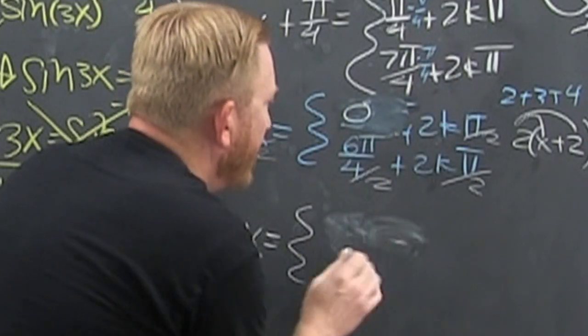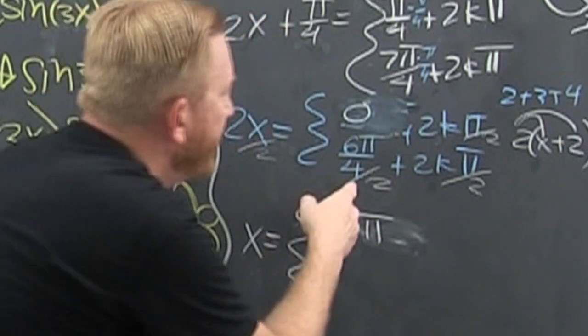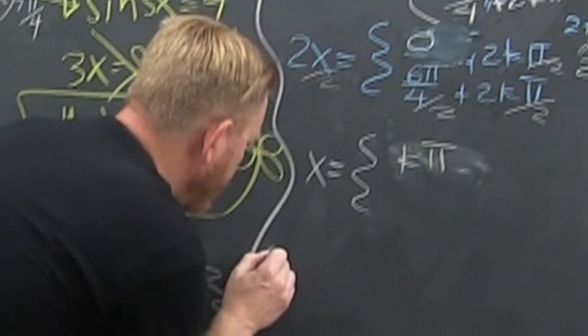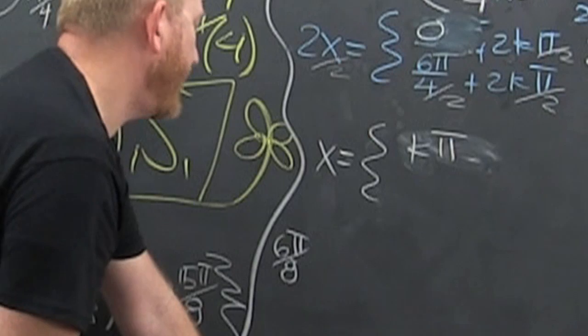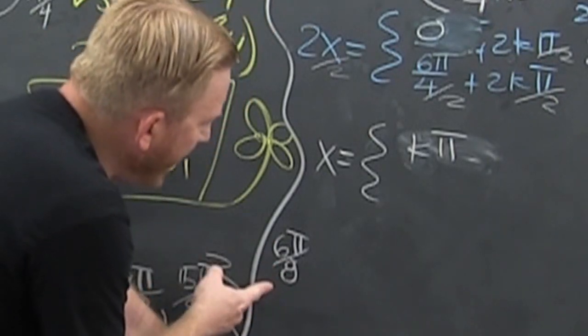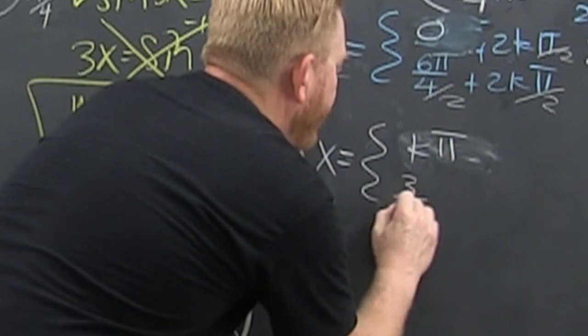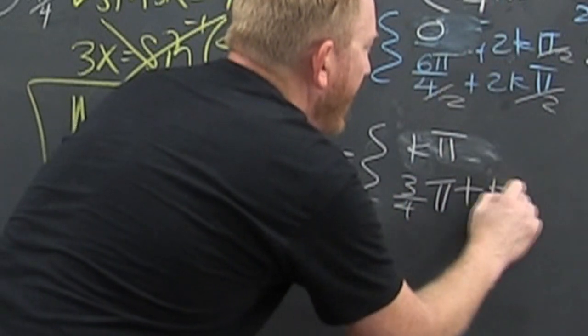Anyway, that's that k pi. And then this one is 6 pi over 8, which is 3/4 pi, and then plus a k pi.